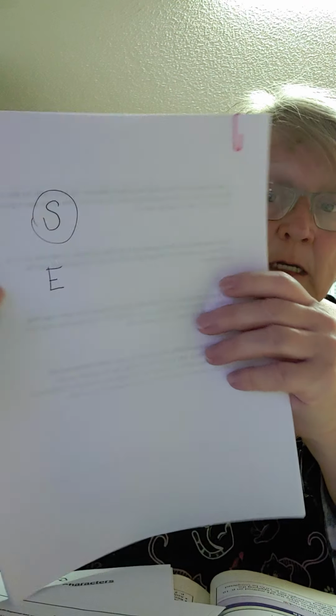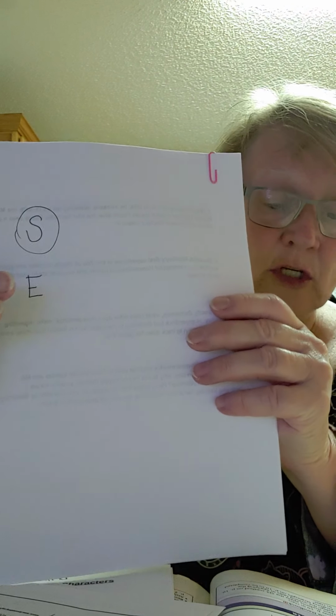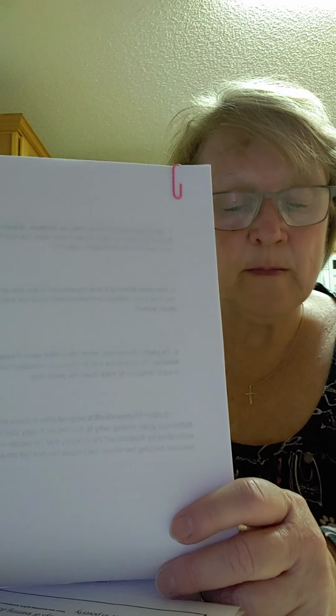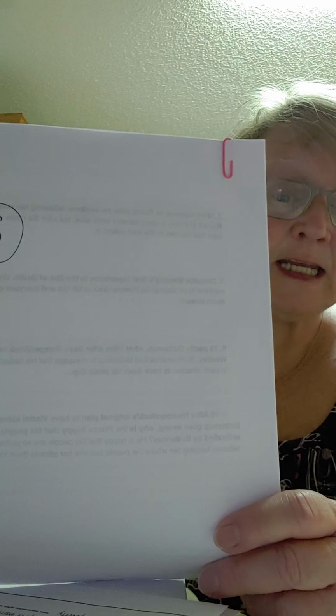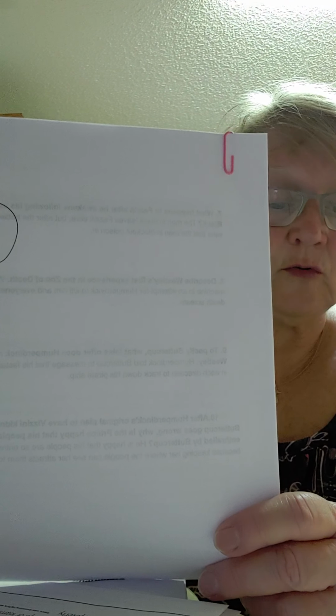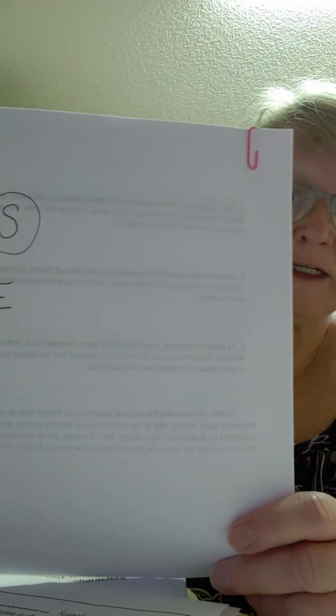Then you have to extend that statement. That's your E, extension. So you would say something like, from scales to simple melodies, she began to see improvement in weeks. So you're extending the fact that to learn to play the piano, she practiced every day.